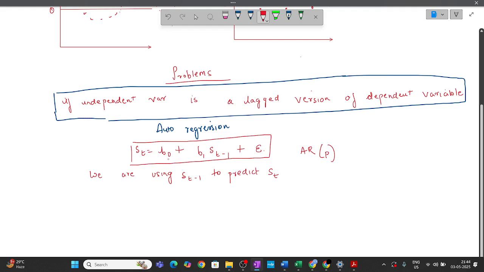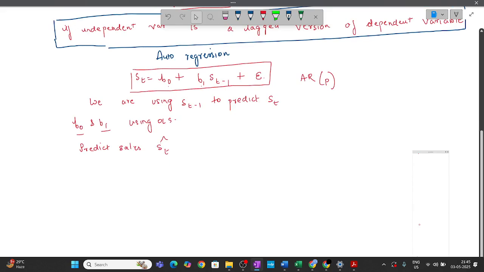So how would you calculate B0 and B1? Again, using the OLS method. B0 and B1 are calculated using the OLS method. Once we've calculated beta naught and beta 1, we predict the sales. So predicted would be S_t hat.